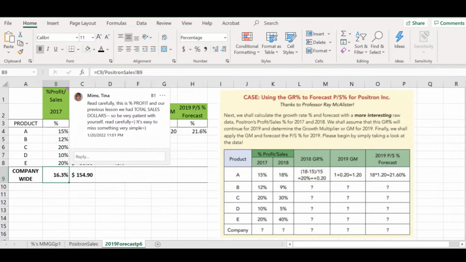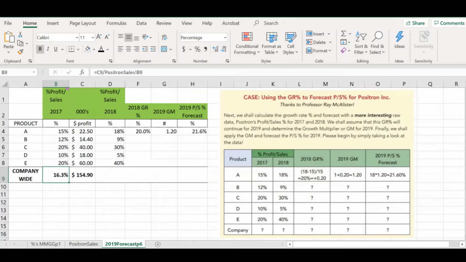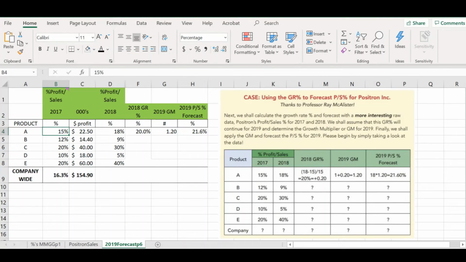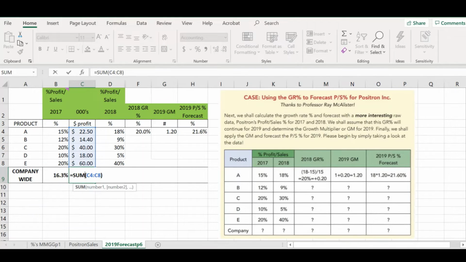Oh, okay, so now I see what we did. We took the percentage given to us from each product, that is the percentage of sales that is profitable. In other words, we made 15 cents, we made 12 cents, we made 20 cents on each dollar sold, right? And all I have to do is multiply 15% times what was our total sales for product A. And that gives me the 22,500 in profit for product A. Then I need to sum all of my product profitability in dollars.